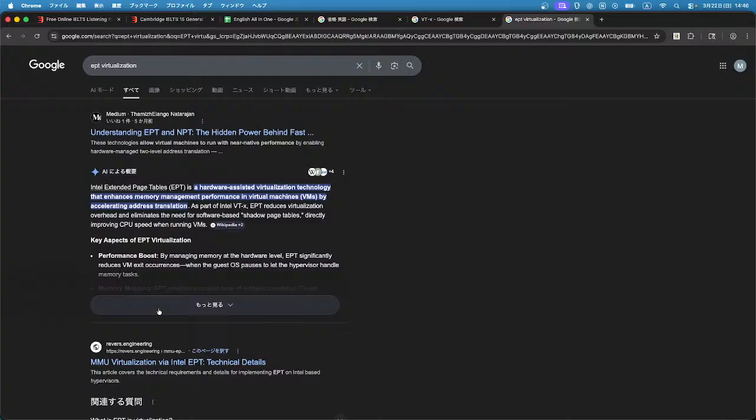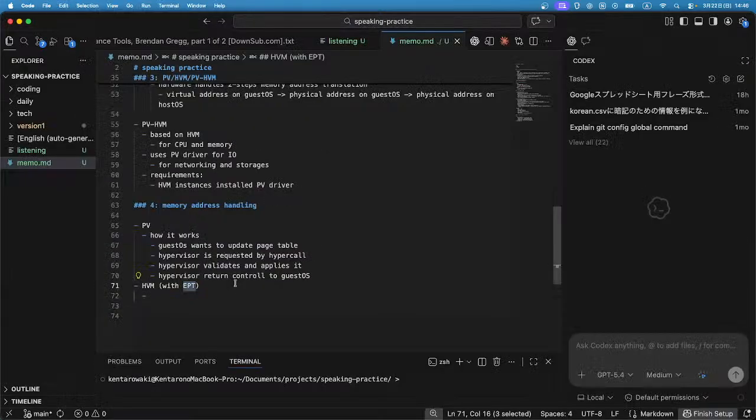Intel extended page tables is a hardware-assisted virtualization technology that enhances memory management performance in virtual machines by accelerating address translation. Okay. So one of the features of virtualization technology. Extended page table. Okay, how it works.